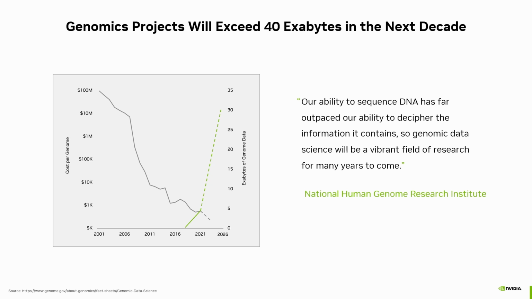I'll start off by asking, why would you even want to use GPUs? What would you use GPUs for in this context? The answer is if you have a large amount of data that you want to process very quickly, and that's what this graph is showing. The solid gray line is the cost of sequencing over time. As the cost of sequencing has gone down, it's been easier and easier, so people are sequencing more and more data.